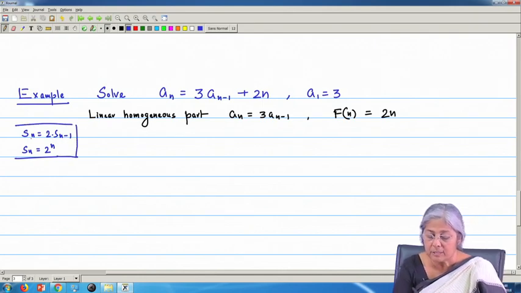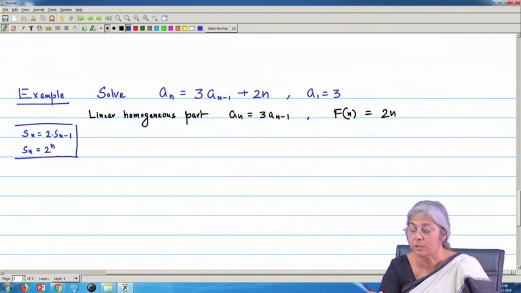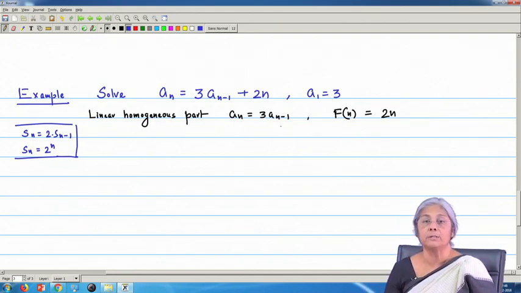So it is of the same form: S n equal to 2 S n minus 1, here A n equal to 3 a n minus 1.